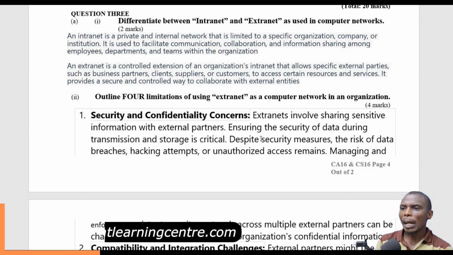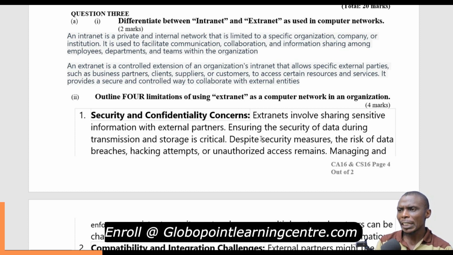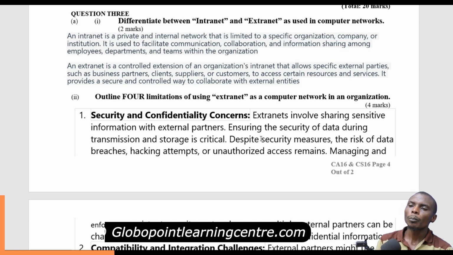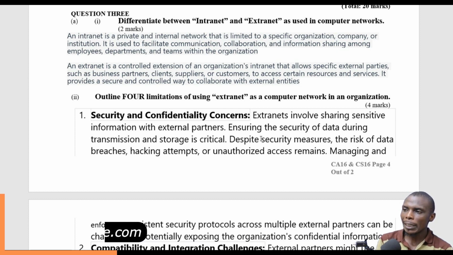Then number 2 says outline 4 limitations of using extranet as a computer network in an organization. So because an extranet is having some extension, like other people can also tap into it and access some resources and services, the first limitation will be security and confidentiality concern, because this involves sharing sensitive information with external people.